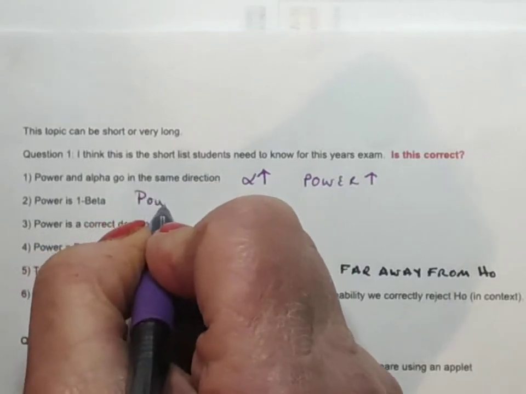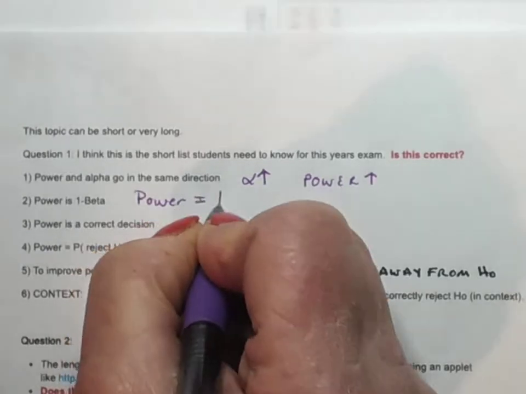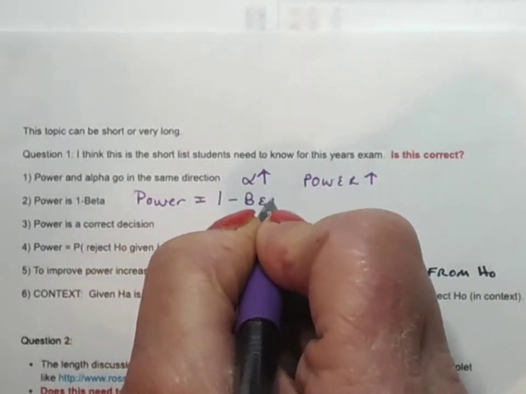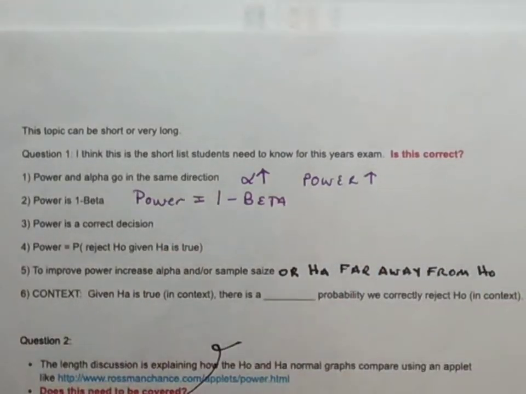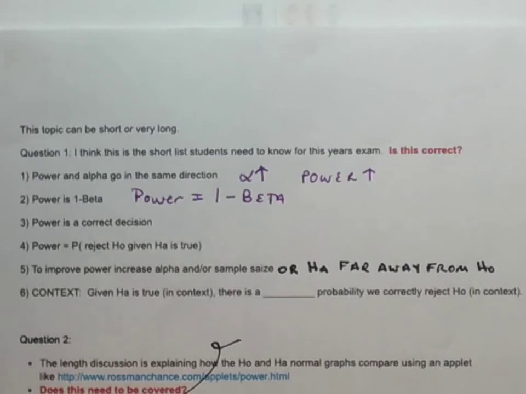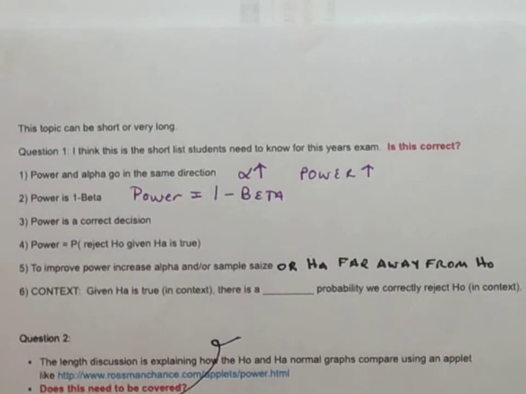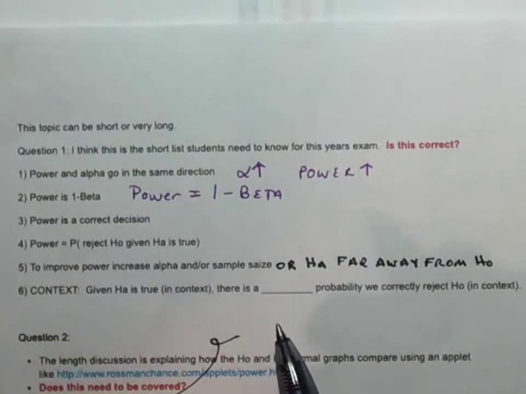Power, okay, is equal to 1 minus beta. Now let me tell you this, you're never going to have to calculate alpha or beta. You're never going to have to calculate power or beta. You're always going to be given power and beta, and you may be asked to explain in context what beta is, which is a type 2 error, and what power is, a correct decision. So power is a correct decision.